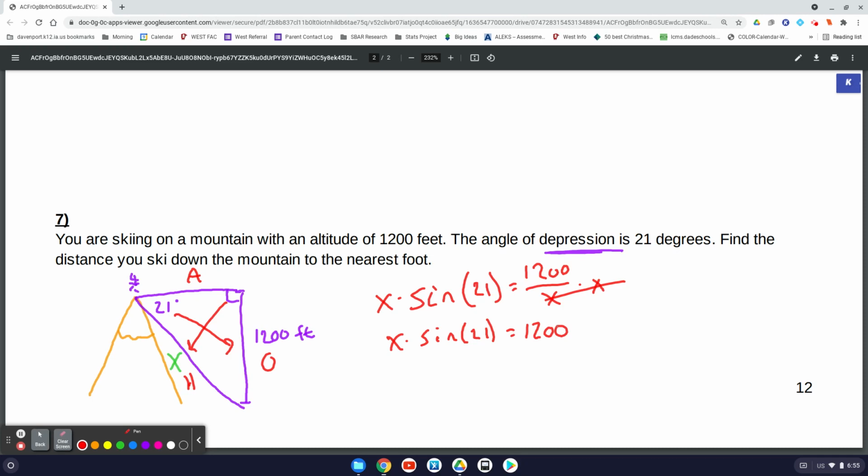Now, X is not by itself, so we need to divide both sides by sine of 21. Doing so, we get X equals approximately 3,349 feet.